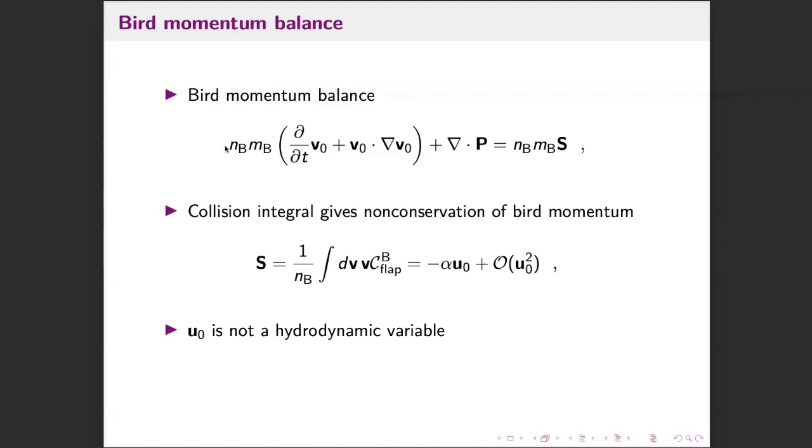So the only reason that we're now still considering this term is because we know that there will be this activation of this term due to the fuel consumption. So this is a very non-standard way of expanding your hydrodynamic theory.